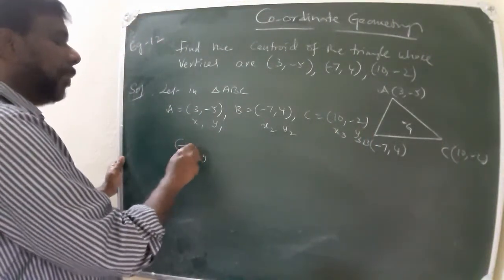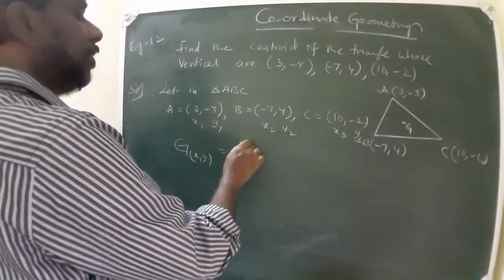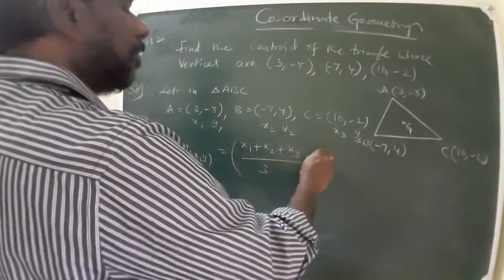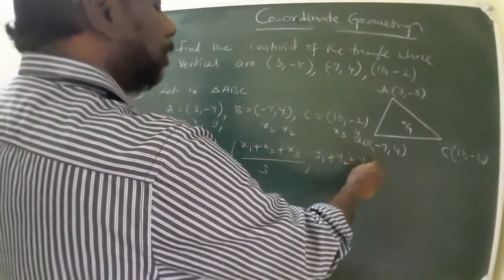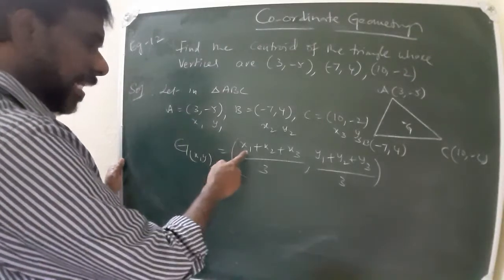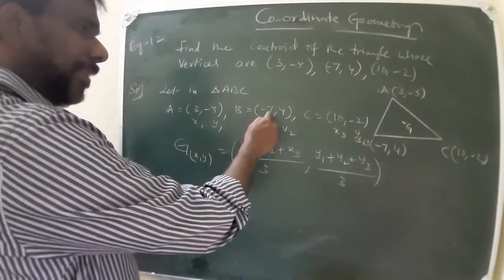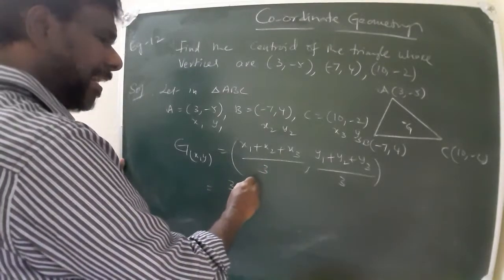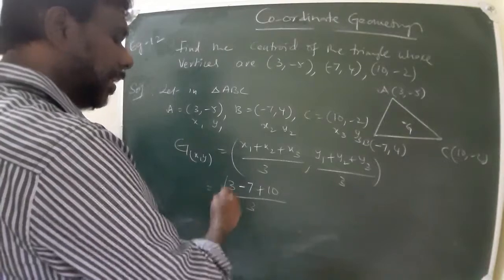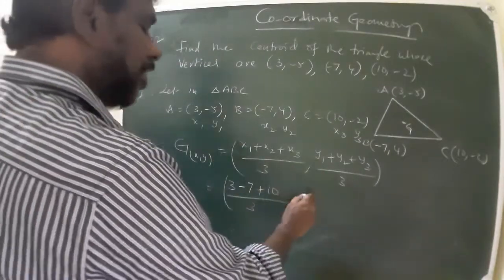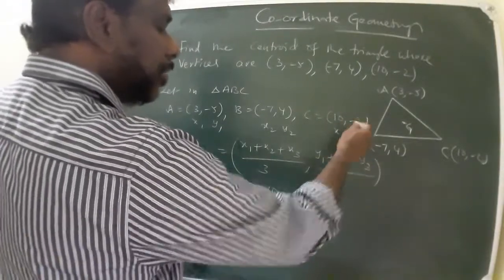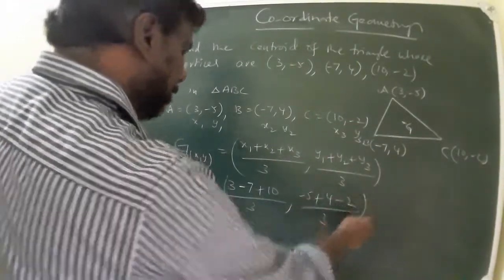So you write the centroid point formula, G(x, y) = ((x1 + x2 + x3)/3, (y1 + y2 + y3)/3). Now you substitute the values. x1 means 3, plus x2 means -7, plus 10, by 3; y1 means -5, plus y2 means 4, plus -2, by 3.